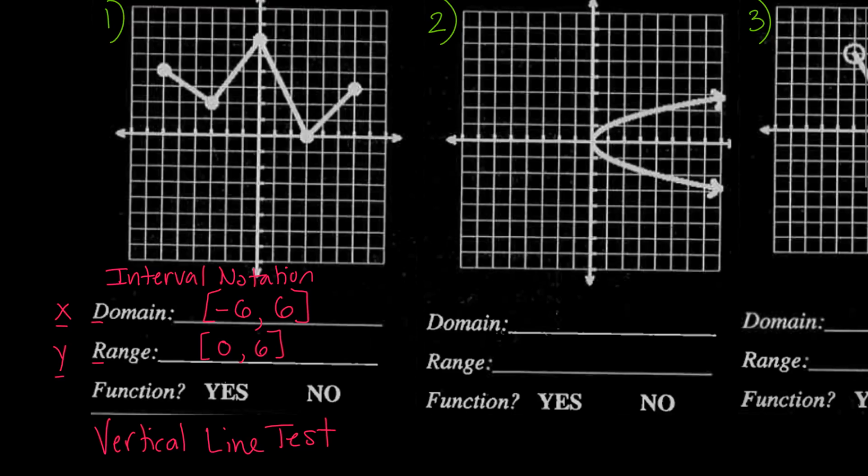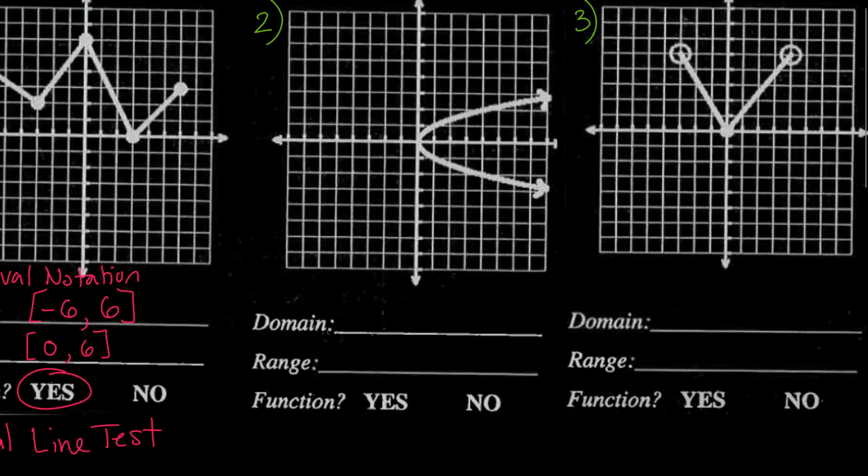So that's where if you were to take a pencil and pass it along the graph, as long as there is only one place where your pencil is touching the line, then it is a function. So here, if I start on the left and move this vertical line to the right, the line always touches my pencil only in one spot. So yes, it is a function.